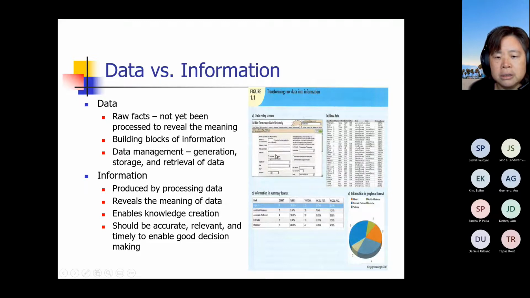The first section here is the data, a simple data entry form. We use this to enter each faculty member's information. Whatever we enter is stored in a database. For example, this is a table in a relational database, and each row represents a faculty member.